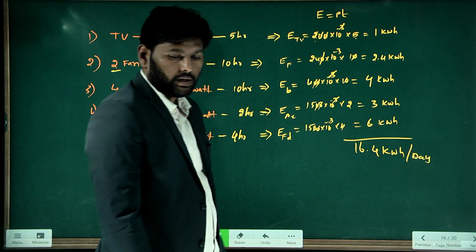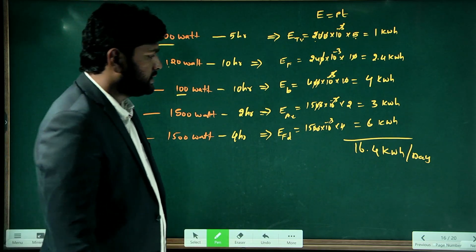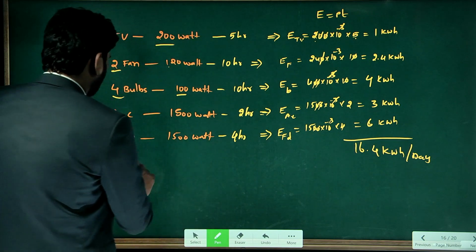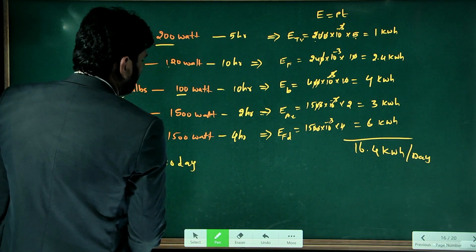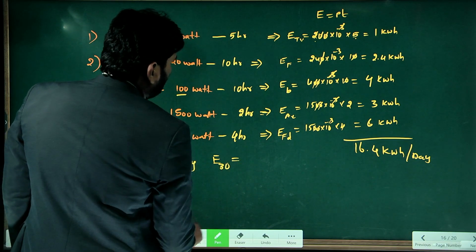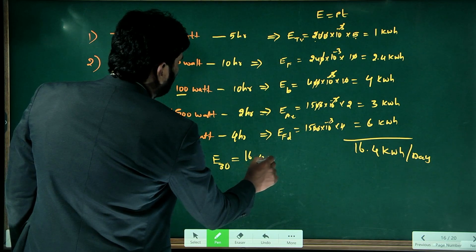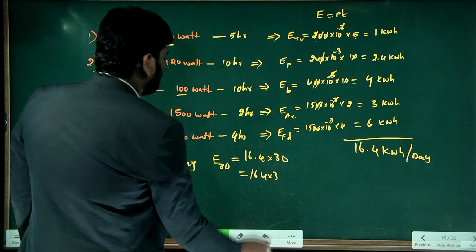But that is per day, so let us take 30 days. For 30 days, the energy consumption is 16.4 into 30.